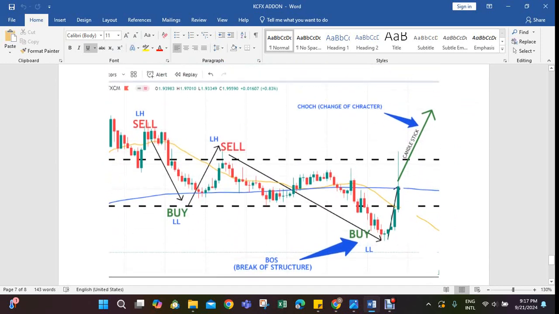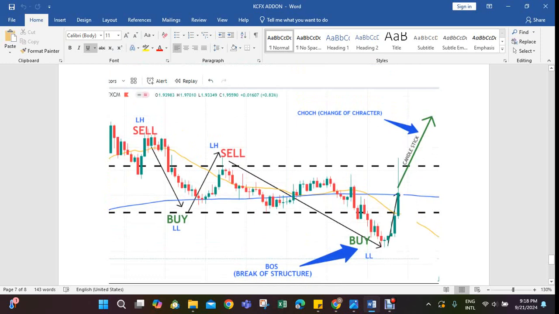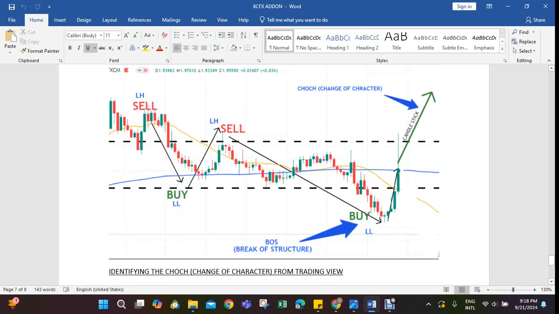Now, this is it here. We have lower high, lower low, lower high, lower low. This is a downtrend market. As I said before, change of character only happens when the break of structure happens first. A break of structure needs to happen first before a change of character. So now we have a break of structure after it came down from this lower high.